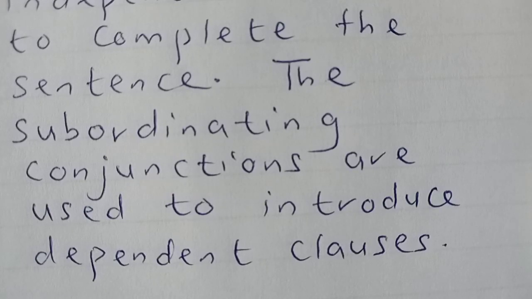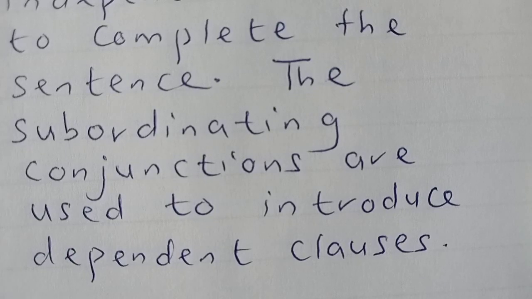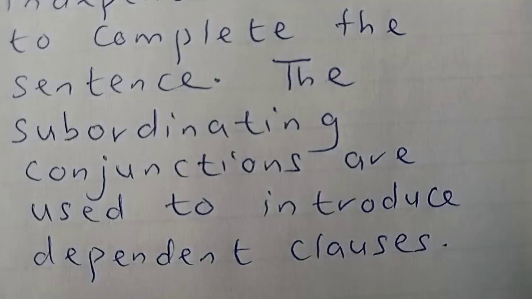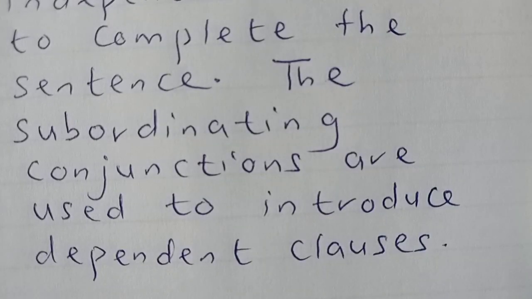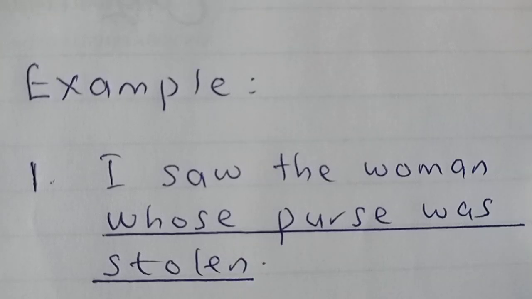They are known as subordinating conjunctions. Conjunctions that are outside the coordinating conjunctions are referred to as the subordinating conjunctions, and they are used to start or introduce dependent clauses. We use the subordinating conjunctions to begin dependent clauses, and that is how we identify dependent clauses.